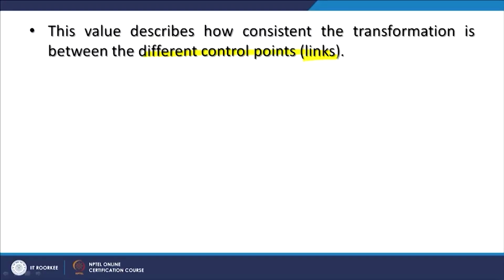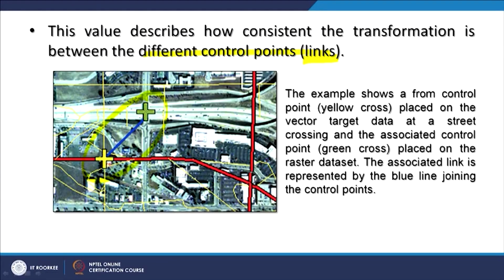This root mean square value describes how consistent the transformation is between different control points, or also links, as ArcGIS uses the word links, between a slave map and master map, between the input image and your target map. Here this link is shown: this is supposed to be here, but it is somewhere else.